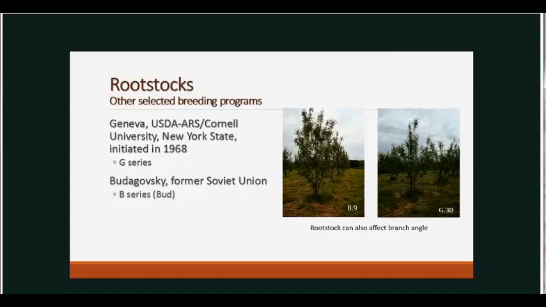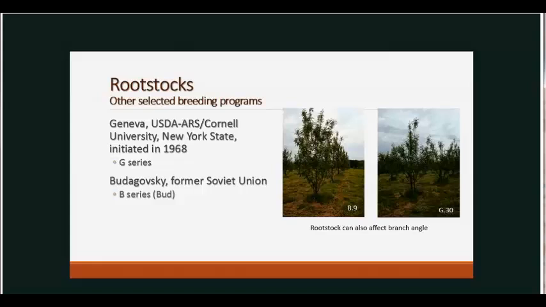And so my point on this is that rootstocks can also affect branch angle. In both of these pictures, I don't recall what the cultivar is, but it is the same cultivar, the same age of trees. The only thing that is different is that we have a B9 in the left hand, and we have a G30 rootstock on the right hand.